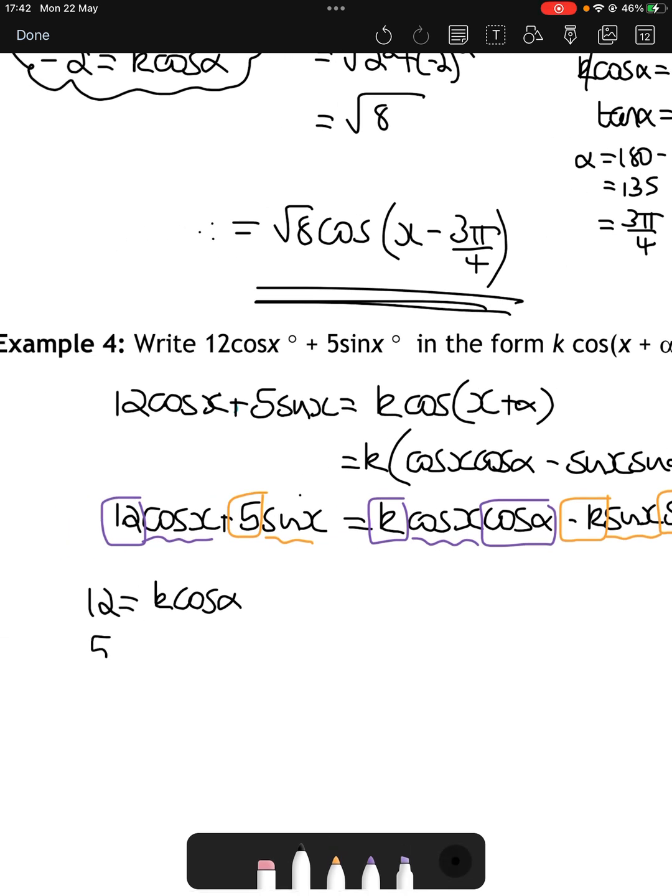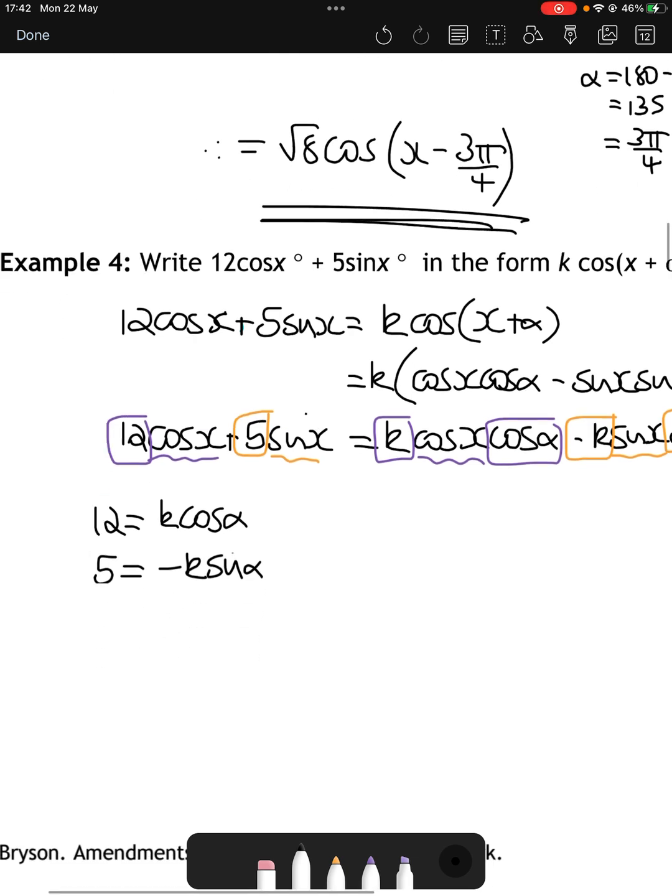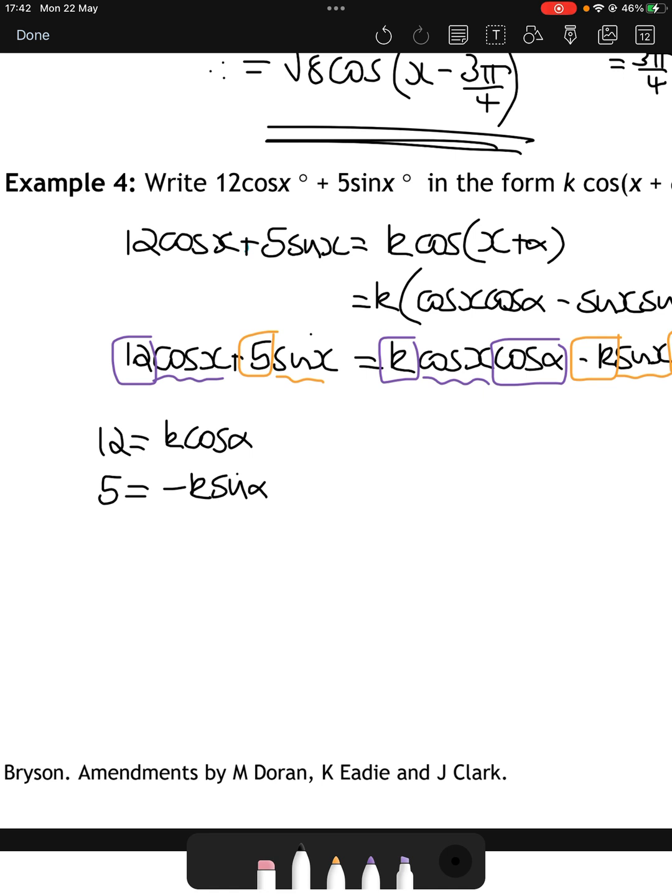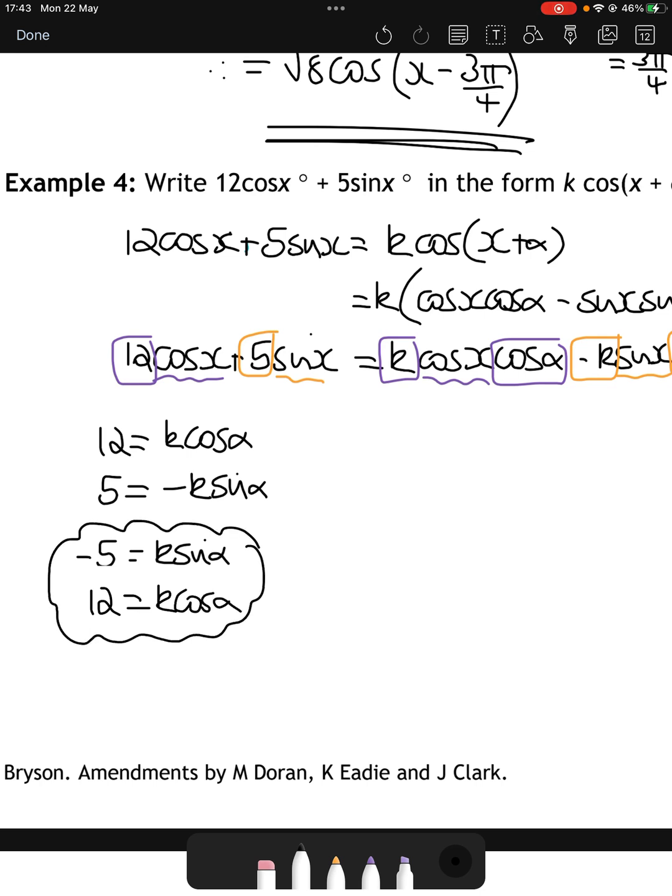So we have 5 is minus k sin alpha. Now, 2 issues with this. First of all, you can't have the minus with the k. So I'm going to put the sine at the front, and what I'm going to do is move that minus to join the 5. And then I'm going to have 12 is k cos alpha. Okay, and that's the form you want to have it in.